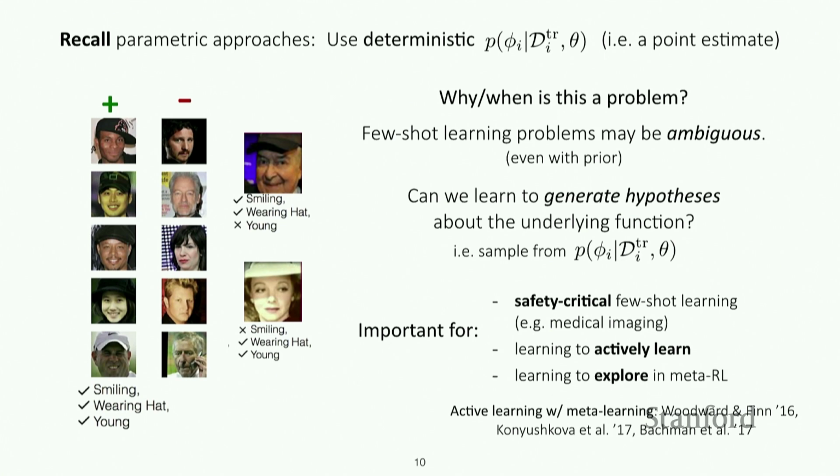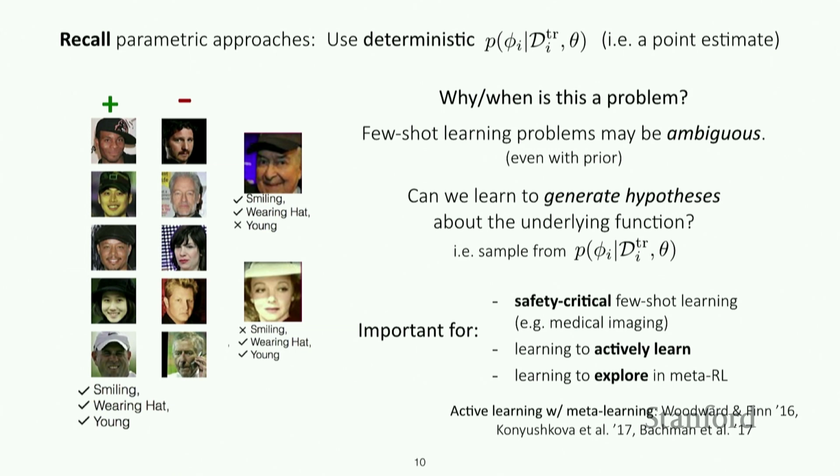And lastly, it'll be important for learning to explore in meta-reinforcement learning, which we'll cover in a couple lectures. At the bare minimum, we want to be able to sample from this distribution. We also may want to be able to evaluate the likelihood of a function, or to measure the entropy of this distribution, for example.